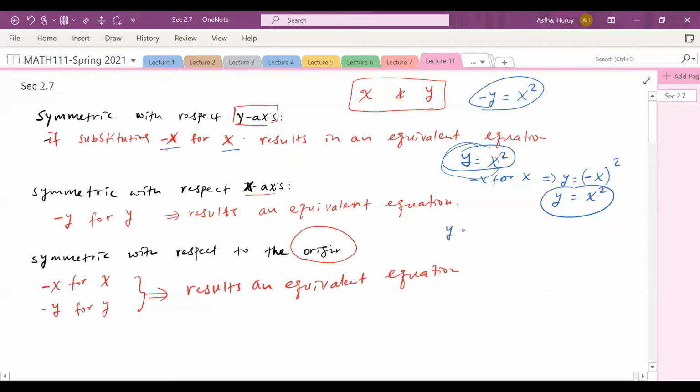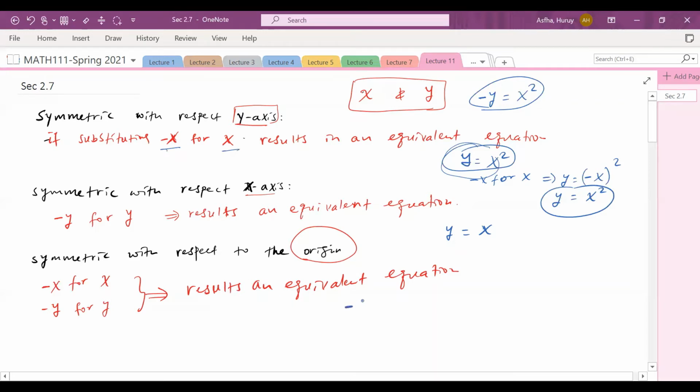And again, if you take, for example, the simple example y equals x, definitely it's not symmetric with respect to the y-axis, because if you substitute negative x for x, you don't get the same result. It's not symmetric with respect to the x-axis either, with the same reasoning.